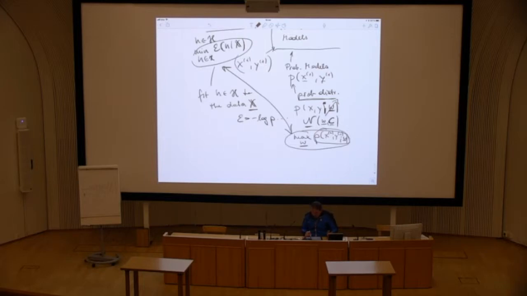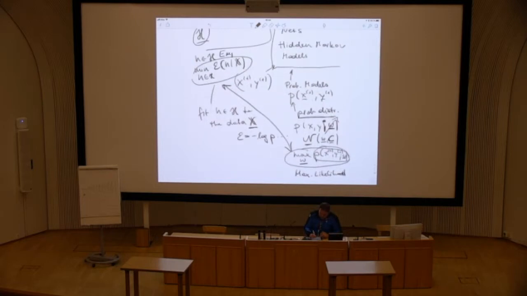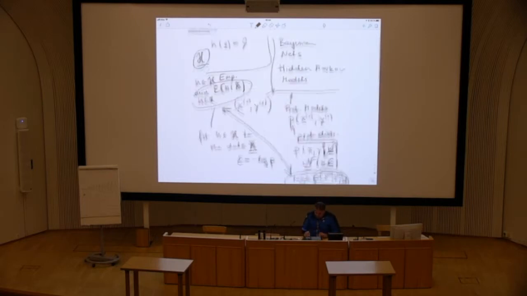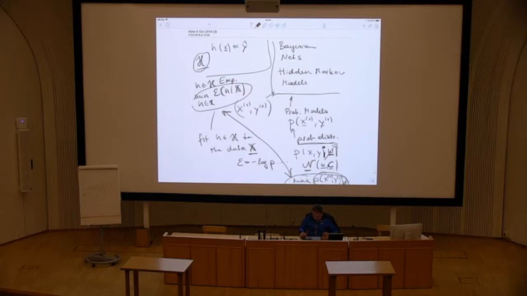And then maximum likelihood becomes empirical risk minimization. So these two types of models are basically using different names and notations for the same thing. It's about fitting a model to data.